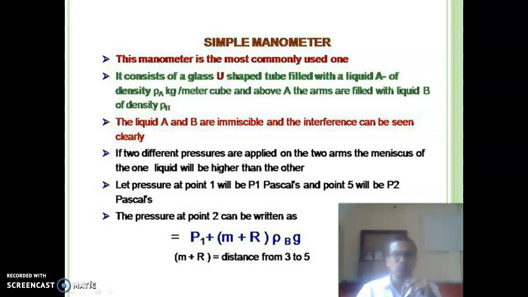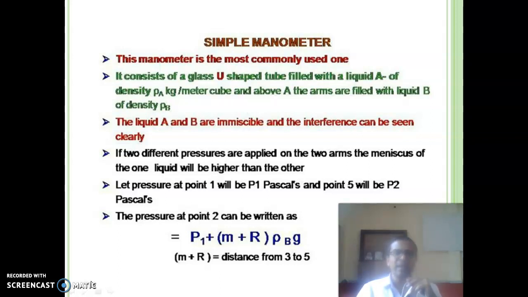So what does this U-shaped tube contain? It's filled with liquid A of density rho A, and the arms are filled with liquid B. So here you can understand that two different liquids of different densities are used.